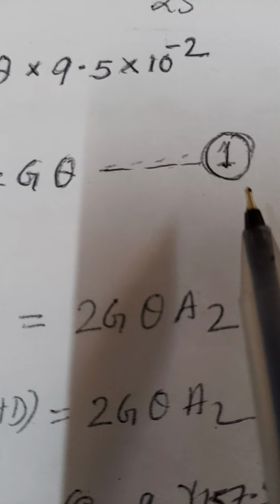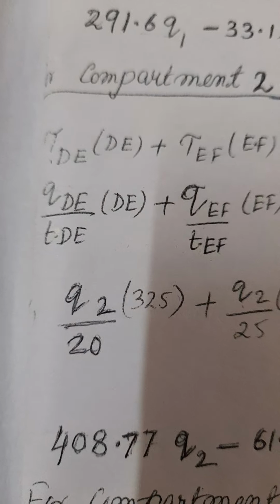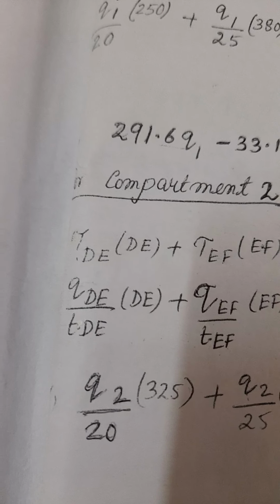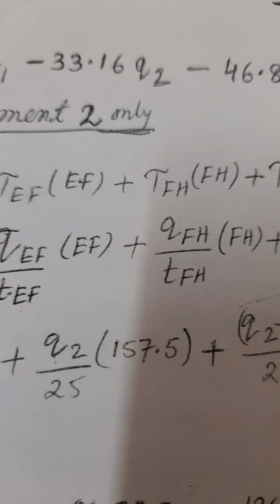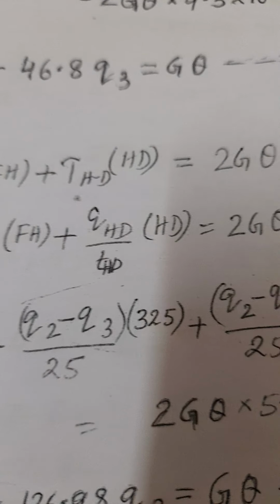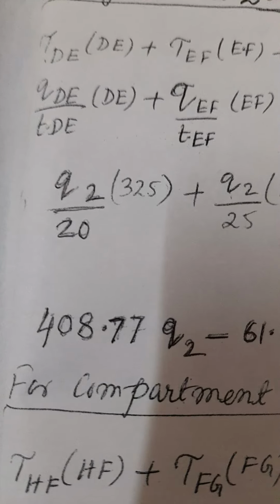G theta. This is equation number 1. Similarly, for compartment 2, you can have the same type of equation, same calculation type. The equation will be defined, no problem.